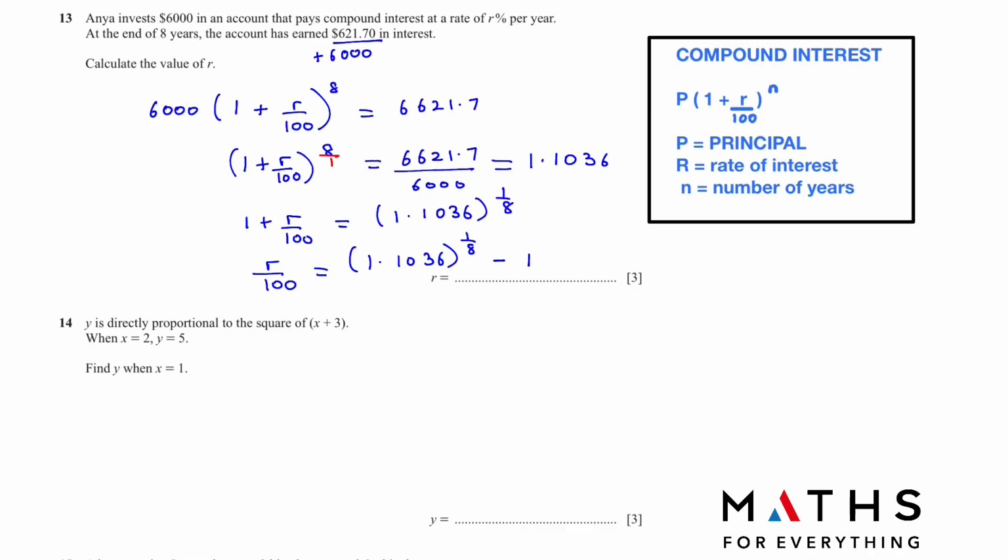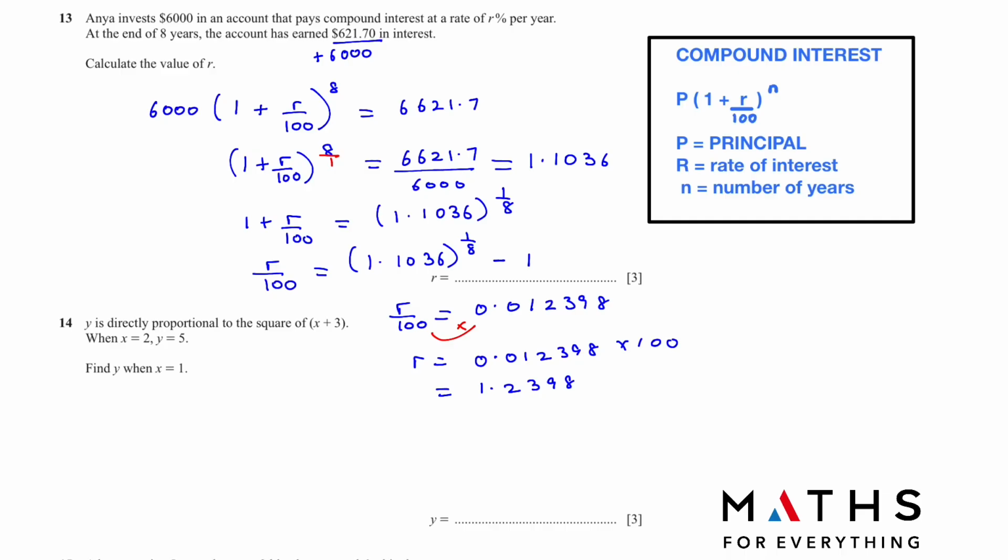This will give us R over 100 is equal to 0.012398. Now shift the 100 to the other side, it will turn into a multiply. R is equal to 0.012398 multiplied by 100, which will be 1.2398.